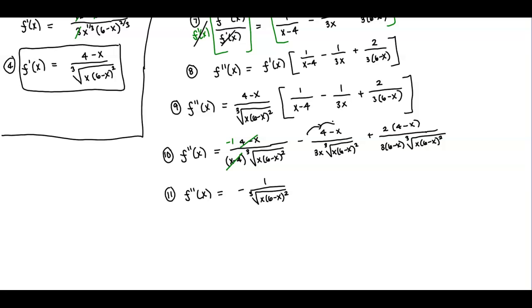Over here, if we distribute the sign, the x becomes positive, so it's going to be plus x, and the 4 is going to be negative, so that's x minus 4 over 3x times the cube root of x times (6 minus x) squared. Then over here, if we distribute the 2, we get 8 minus 2x all over 3 times (6 minus x) times the cube root of x times (6 minus x) squared.